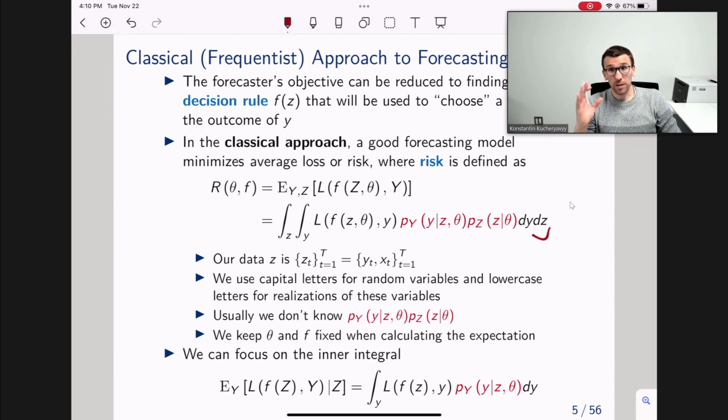And our forecast rule should be good across different realizations of that sample.